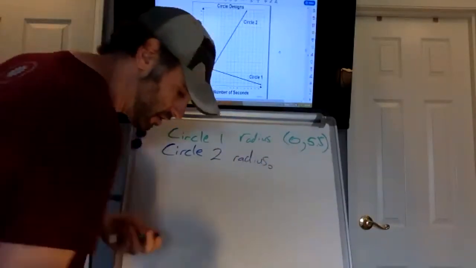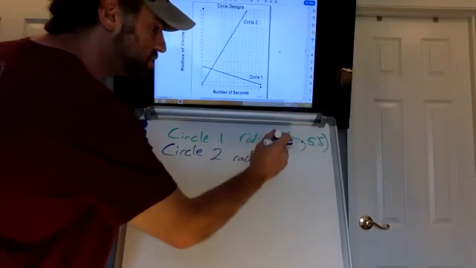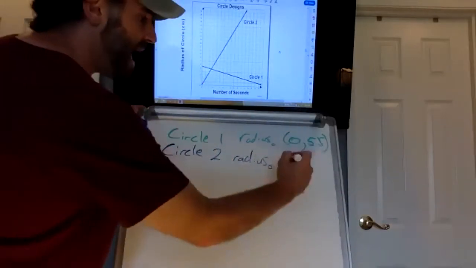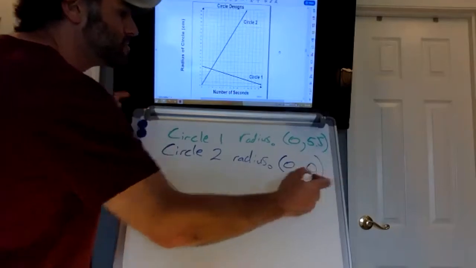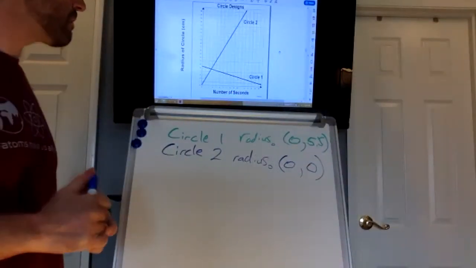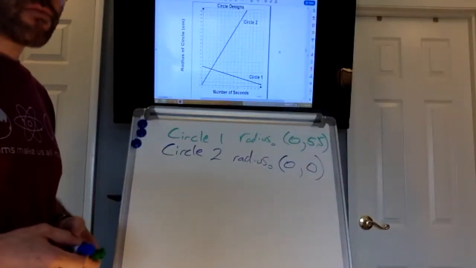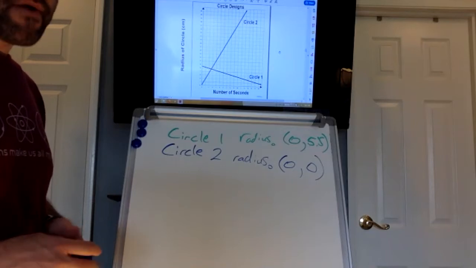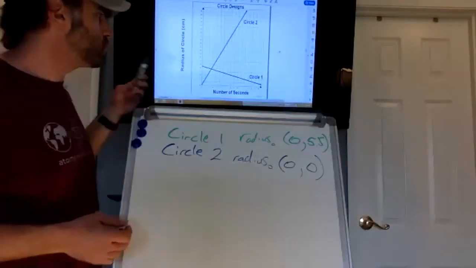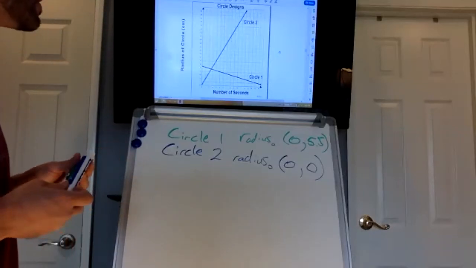So I'll put a little 0 there. Initial radius, R0. My initial radius at time 0 was 0. By the way, which one of those circles will represent proportionality? Circle 2. Yeah, circle 2 will be proportional, but circle 1 will not, because it doesn't come out of the origin.